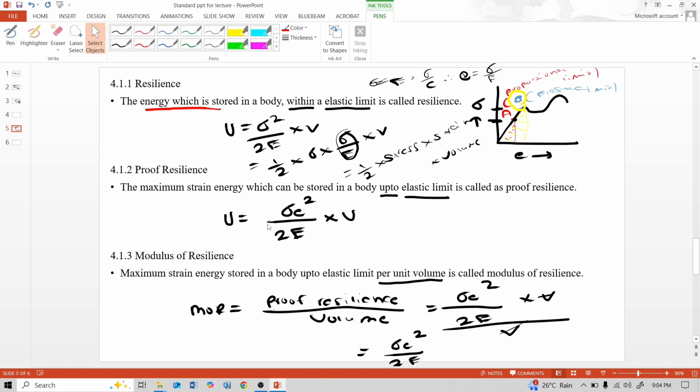The formula for resilience and proof resilience is the same: U is equal to sigma square upon 2E into volume. Only in proof resilience, this sigma is sigma e, so sigma e square. The modulus of resilience formula is different: sigma e square upon 2E. Here volume is not there.